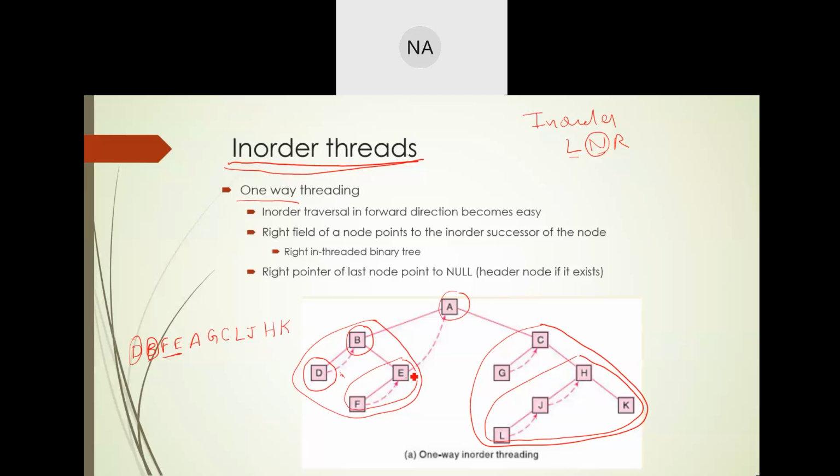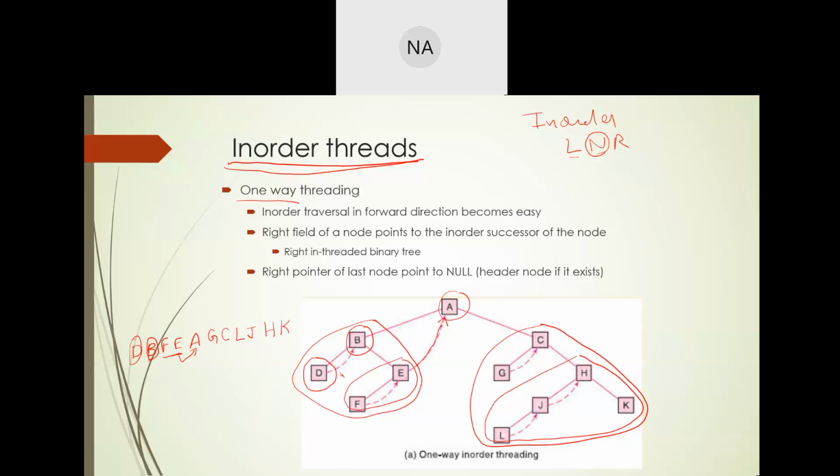So you can also store a pointer which points to the in-order successor of node E. The in-order successor of node E is A, right? So the thread at node E points to node A, its in-order successor.